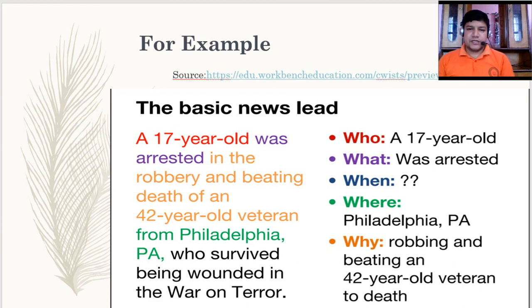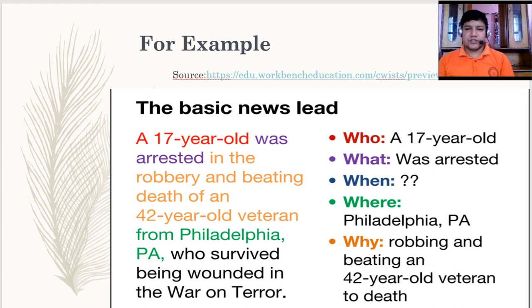Okay, here a 17-year-old. This is the person, so it is the answer to who question. Similarly, what? Information related to what is given here. That person was arrested. What happened? A 17-year-old was arrested.